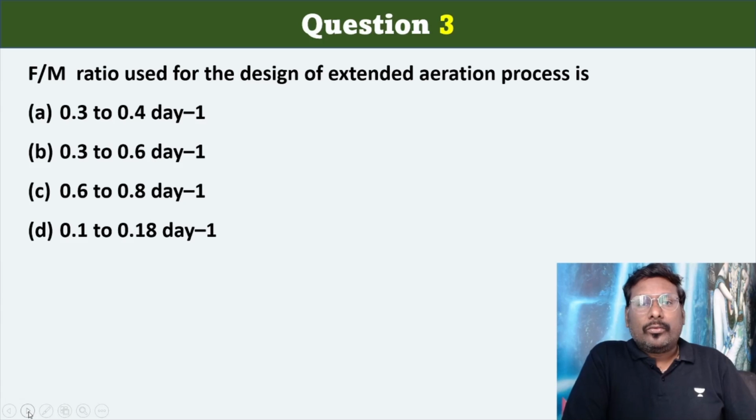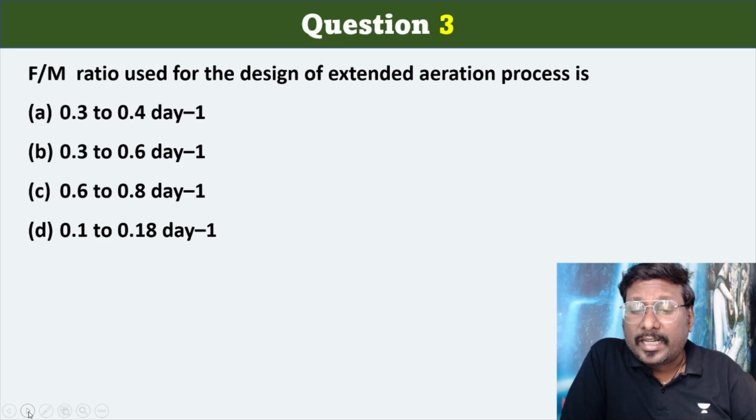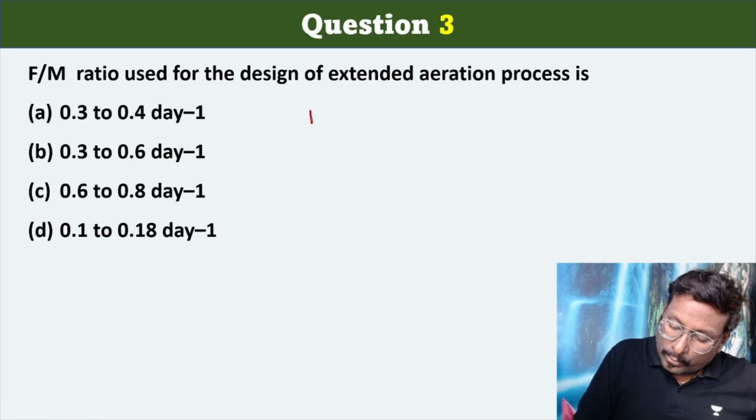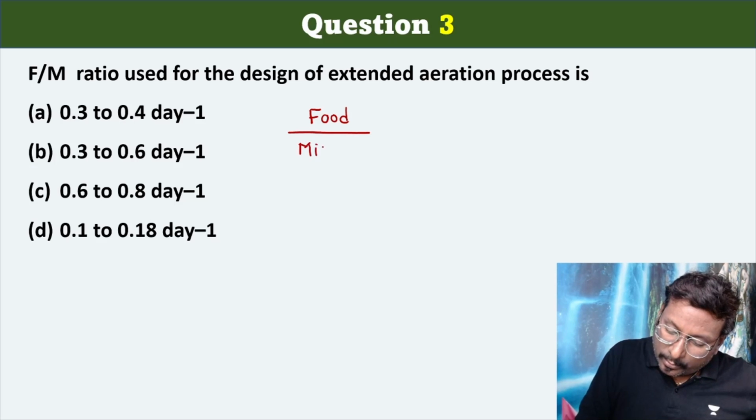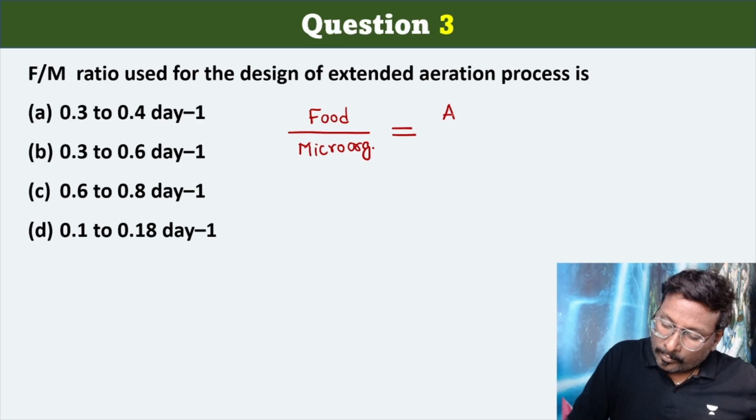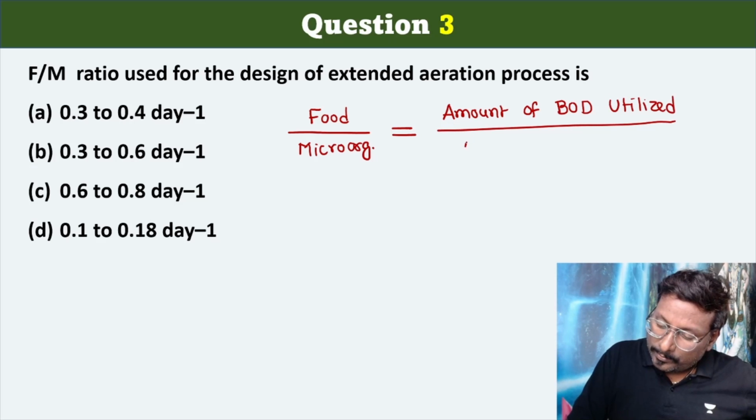Chalo. Food to microorganism ratio used for design of extended aeration process. Food to microorganism ratio, F by M, is equal to amount of BOD utilized upon amount of solids loaded, biomass.